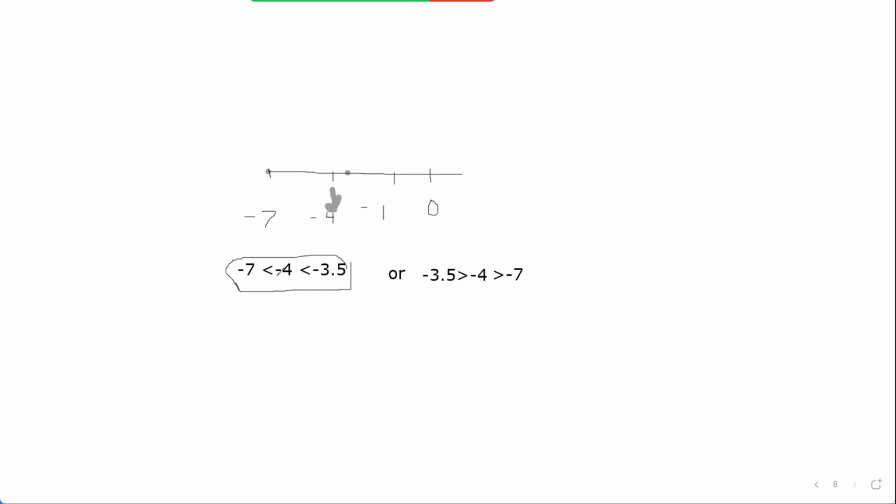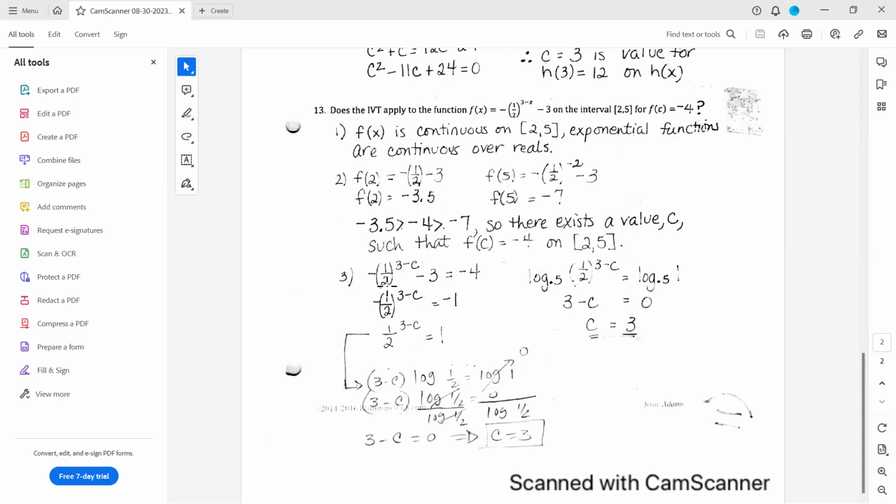So now because of that, the IVT applies, right? And now you can actually apply it. So you can actually go to the problem itself. Here's your function, right? -1/2 to the 3 minus c. Remember, it changes to c because this is f of c.